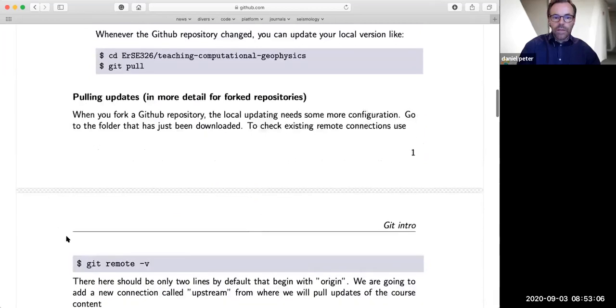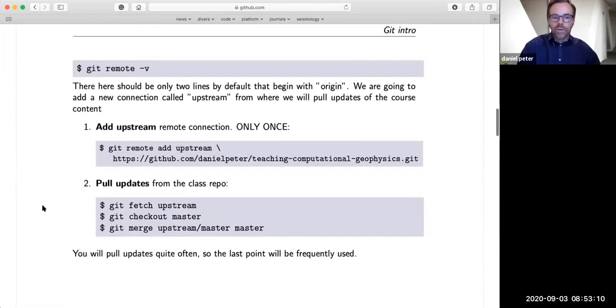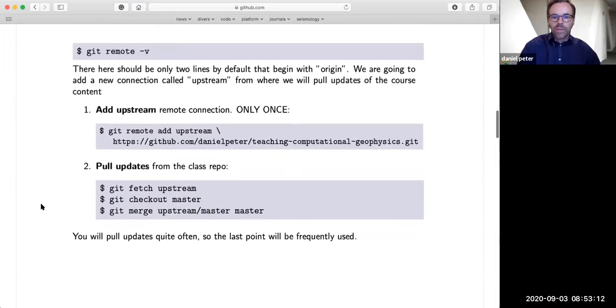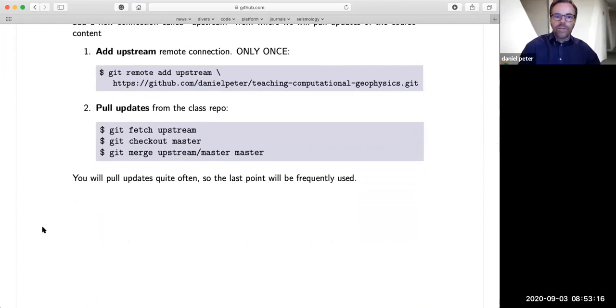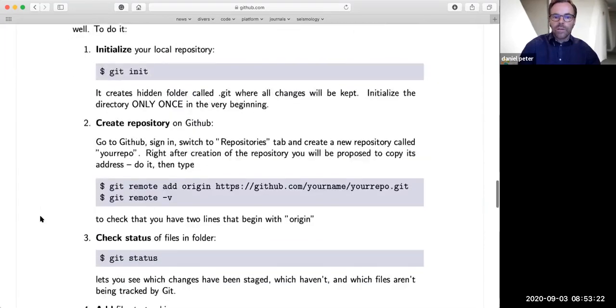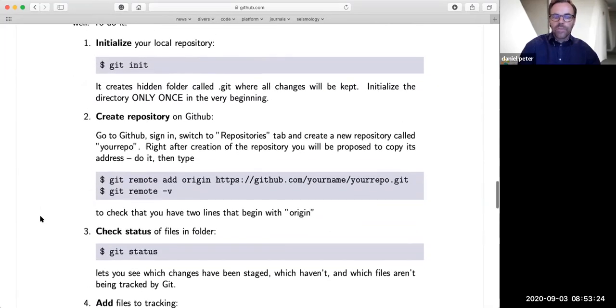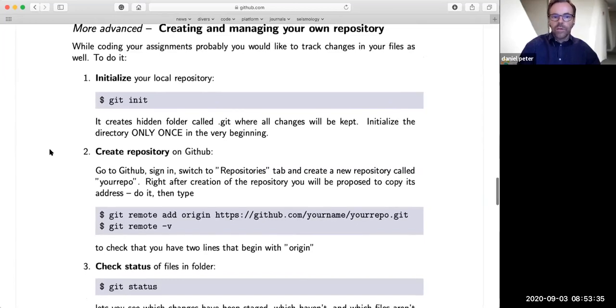And then he actually continues. He gives a bit more detailed explanations of how you could connect your local repository with this upstream repository from my repository, or how you would start your own new code repository from scratch, where you have a new code.